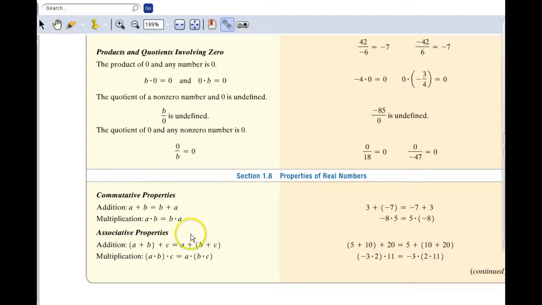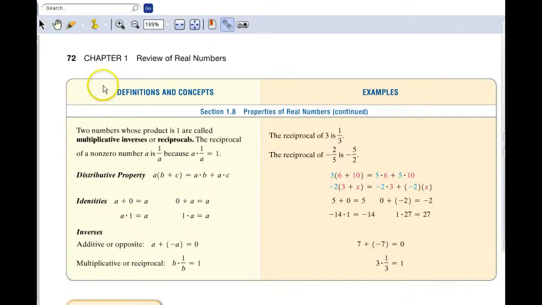The associative property, the items are in the same order. We're just grouping them differently with our parentheses. Here are the first 2, here are the last 2. And this tells us that we could add the first 2 together, then the third. That would be the same as adding the last 2 together, then the first. And this is true of multiplication as well. You can do it in any order.